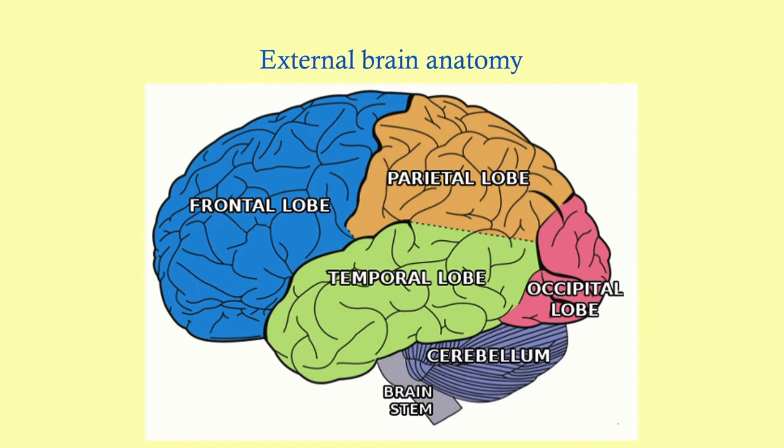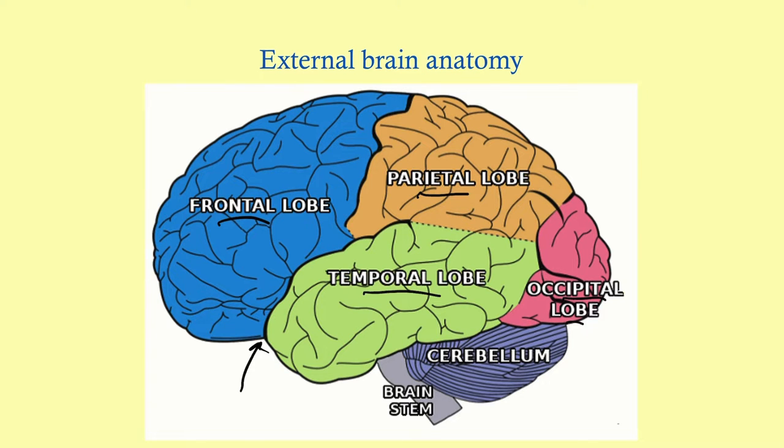This is the external brain anatomy. So what you need to know are your lobes. That's very fundamental. Obviously in the front, we have the frontal lobe. Kind of in the middle towards the back, we have the parietal lobe. And then we have the occipital lobe in the very back. And the temporal lobe is lateral along the sides. Now, what separates the frontal lobe from the temporal lobe is right here.